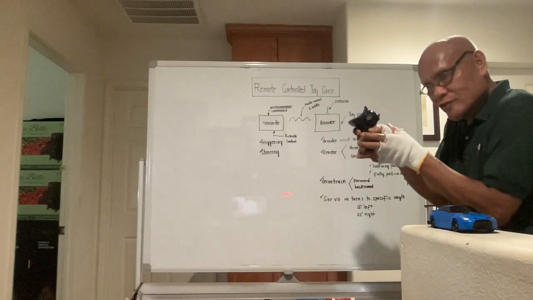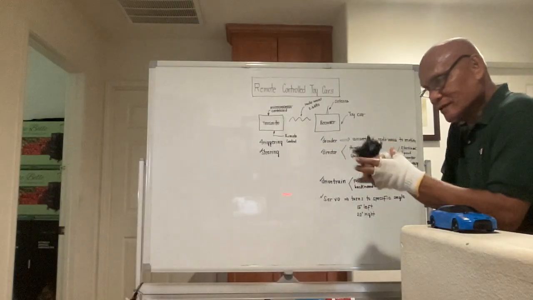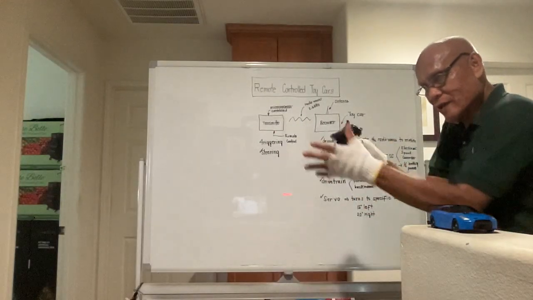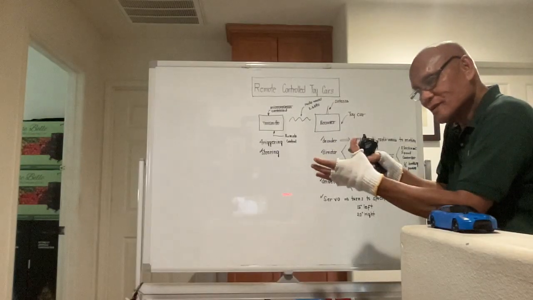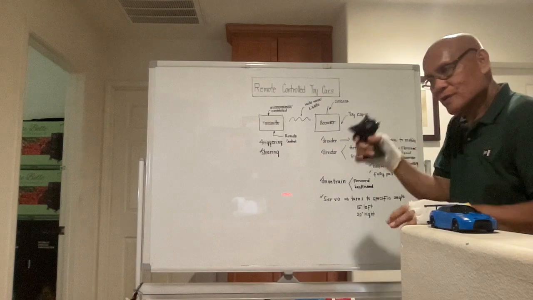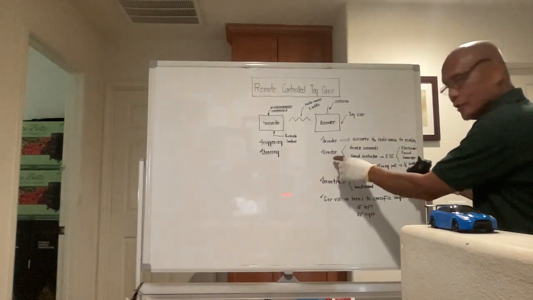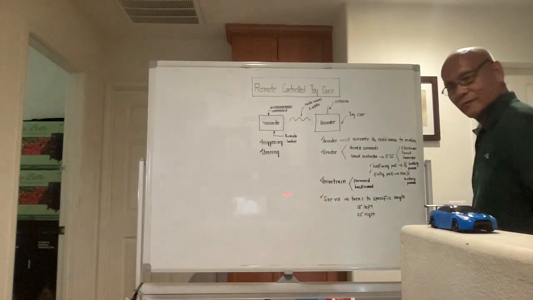If it's fully, that's very fast. If 50%, it's not so fast. If it's 25% depressed, it is slow. So the speed is controlled by this speed controller, which is referred to as the director.